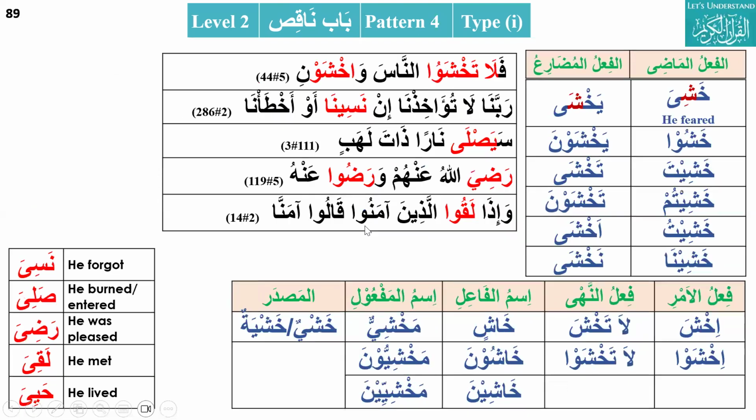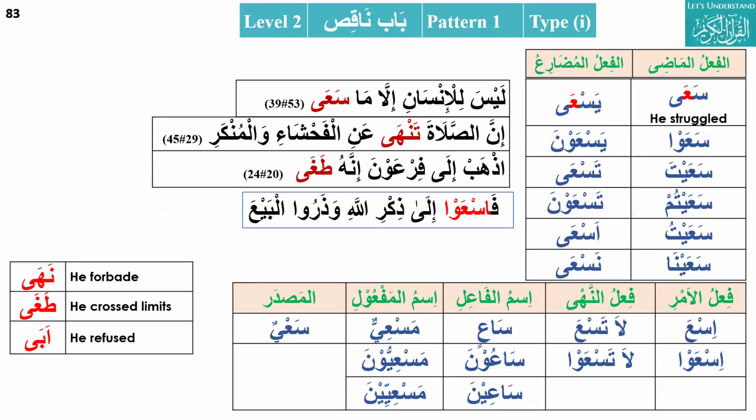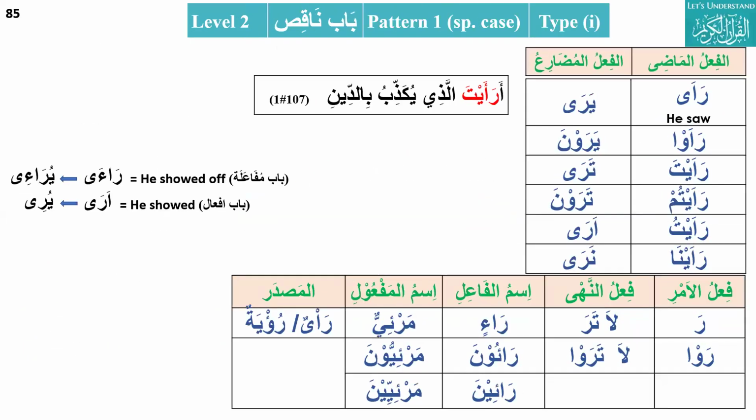And there is one more here. Ra'a, yara. Ra'a means he saw. There will be a similar word, ra'a, yura'i, or ara, yuri. At this slide we should put a pause.